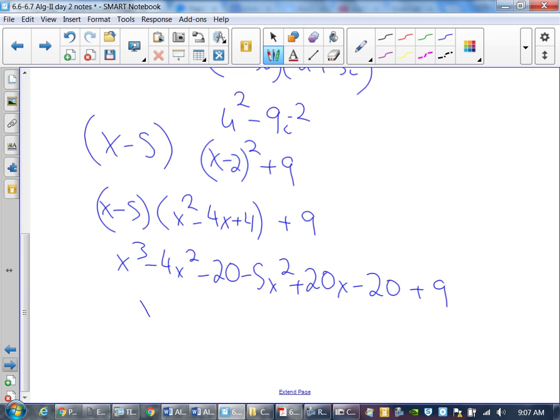So we have x cubed minus 4 minus 5. 20x minus 40 plus 9 is 31, I believe. I think that works. Did I miss a sign?